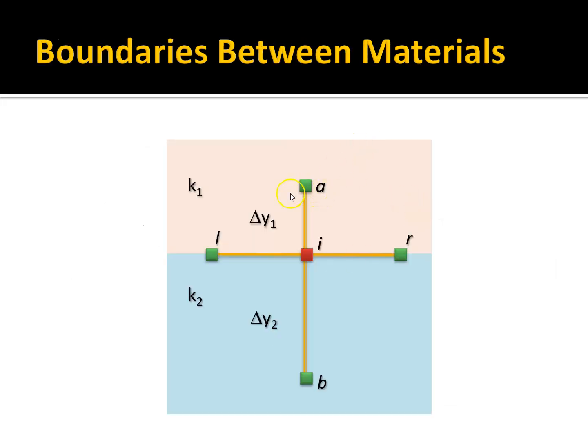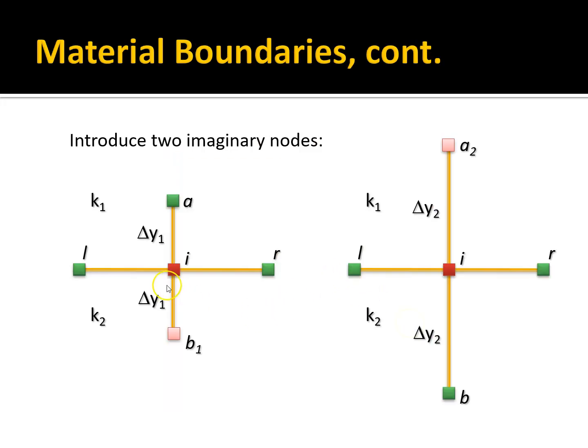If you look at the spacing here, delta Y1, if you consider an imaginary node down here, the same spacing as A is, we'll call this imaginary node B1. The subscript 1 means it's associated with material 1, and we have delta Y1 and delta Y1. So this distance to B1 is the same distance we have to A.